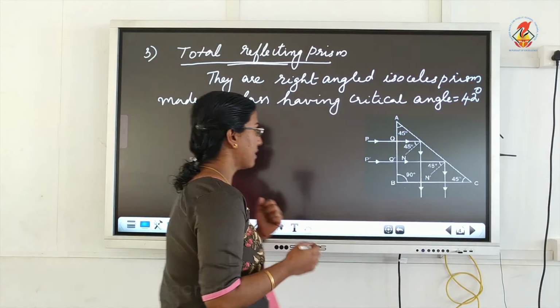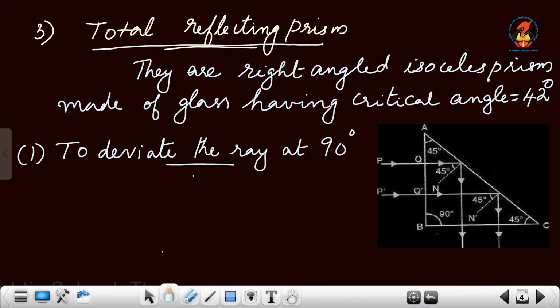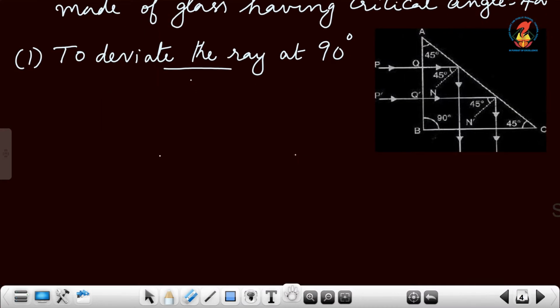The first one is to deviate the ray at 90 degree. Using this total reflecting prism, you can deviate the incident ray and the emergent ray will be at 90 degree with the incident.